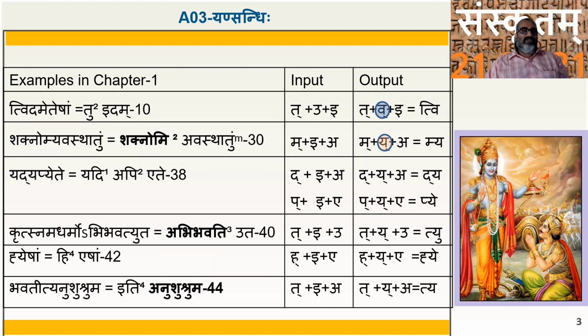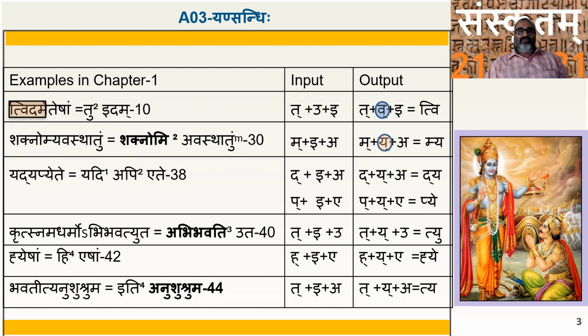So we have got Vidamete Sham. There we have tu plus idam. Vidamete Sham is actually 3 words, but we are only concentrating on tu and idam. So tu plus idam becomes tvidam.